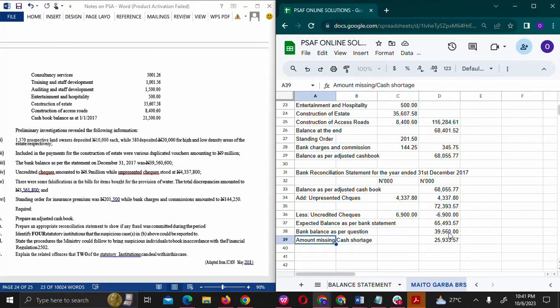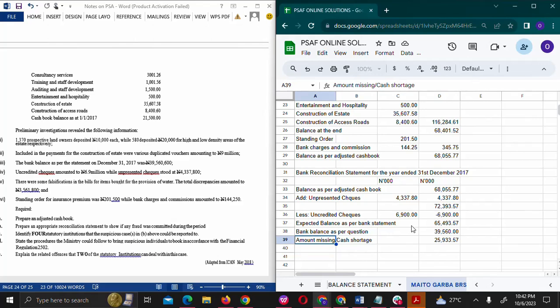Let's start from there. The bank balance as per question is 39,560. So the cash shortage is the difference between the expected balance as per bank statement and the balance as per question. The expected balance as per bank statement is 65,473.57.